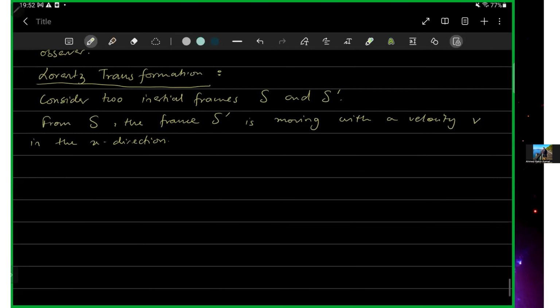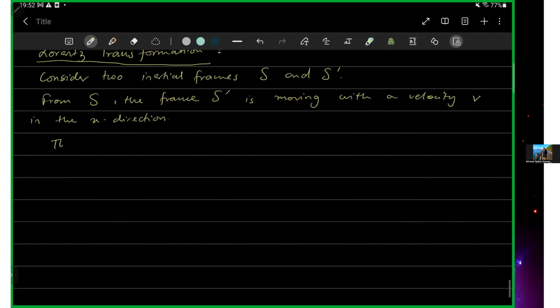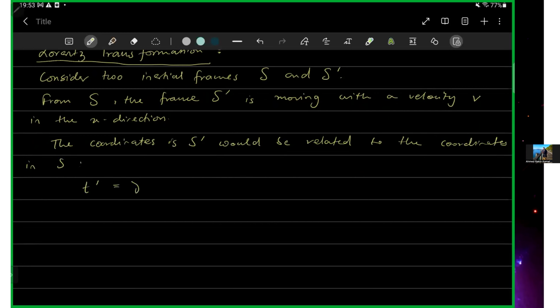Okay, so in that case, the coordinates in S prime would be related to the coordinates in S via the Lorentz transformation, which is given as t prime equals gamma times (t minus vx by c squared).